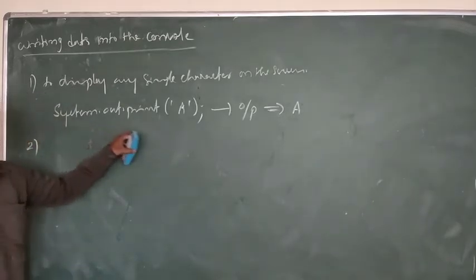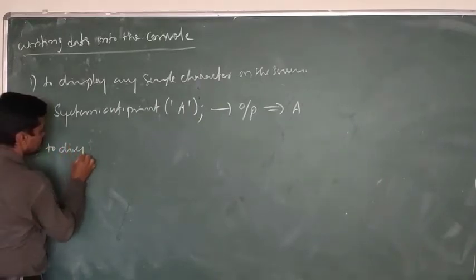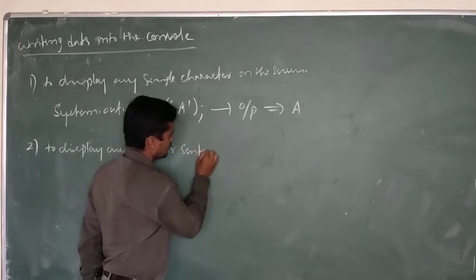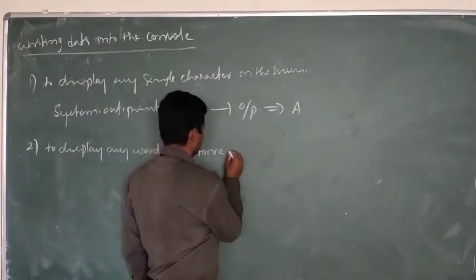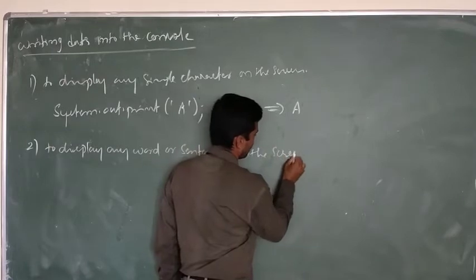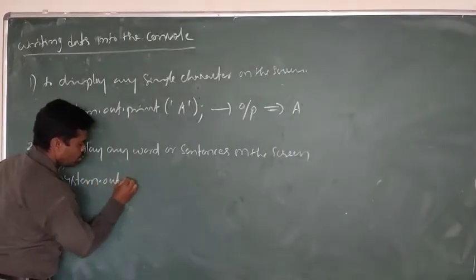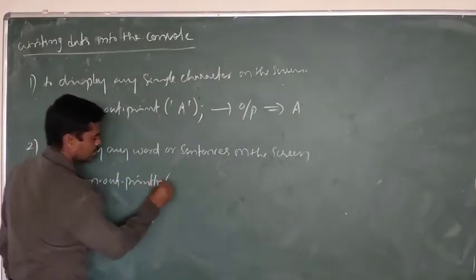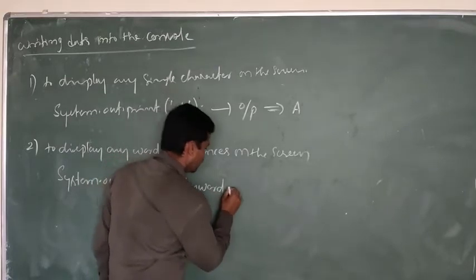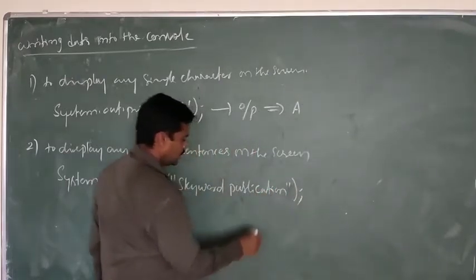Next, second one: if you want to display any word or sentence on the screen using the println method, it should be enclosed in double quotes. For example, System.out.println("Skyward Publications").